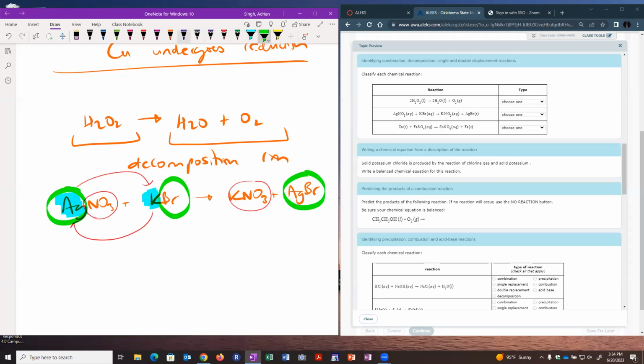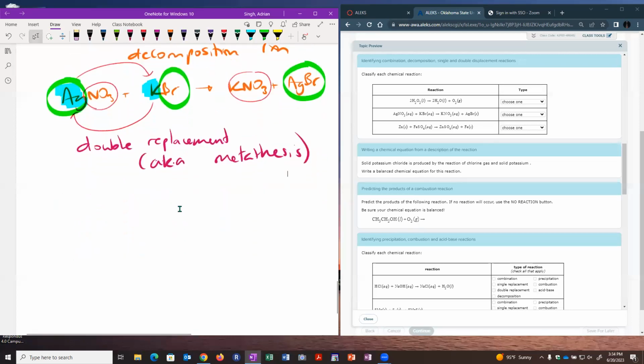So this would be an example of a double replacement reaction, where the 2 metals in this case are swapping places. Sometimes double replacement reactions are also known as metathesis. And I think that's one of the options that you have.